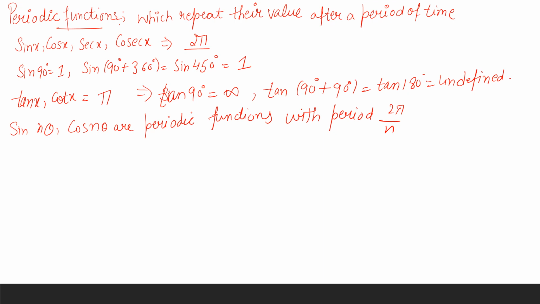In the same way, there are different types of functions with different periods. For secant n theta or cosecant n theta, we just divide 2 pi or pi by n. Now what are even and odd functions?